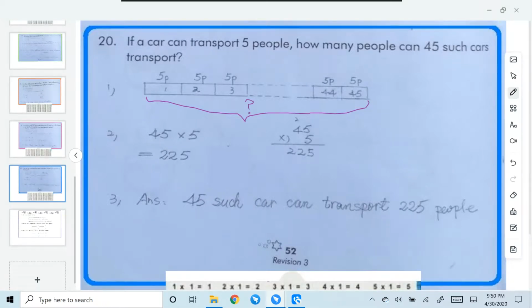So the second step, we write an equation. We write 45 multiplied by 5. 45 groups times 5 people. So don't worry about the answer now.